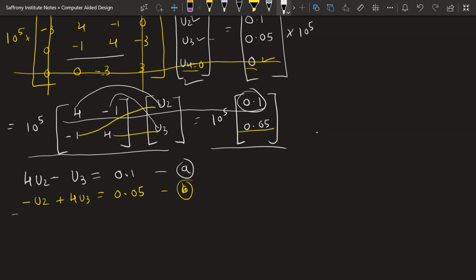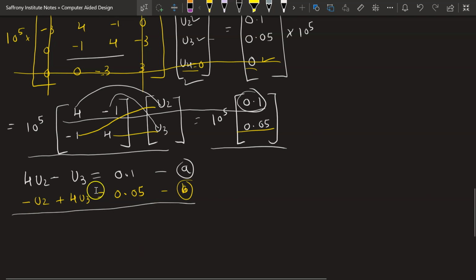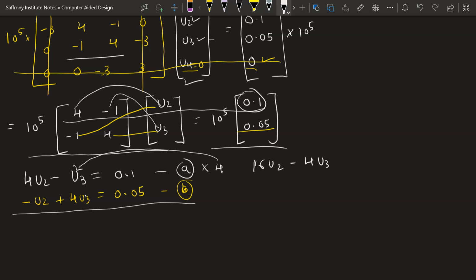Now if we solve these equations together, I will try to make one value out of this equation a 0. So I will multiply this equation by 4, so that 4u3 cancels. I will get 16 u2 minus 4 u3, because this 4 gets multiplied by u3, is equal to 0.4.